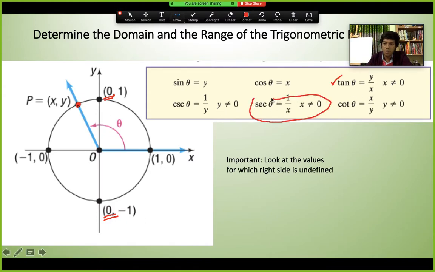These two are divided by x, so the x value cannot be 0. The x value is 0 here and here, at 90 degrees and 270 degrees. That means tan 90 degrees and tan 270 degrees will have no value.